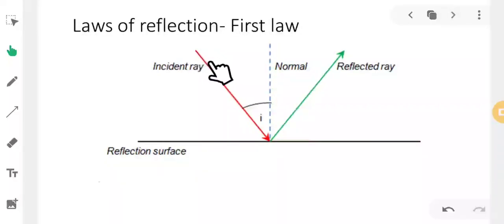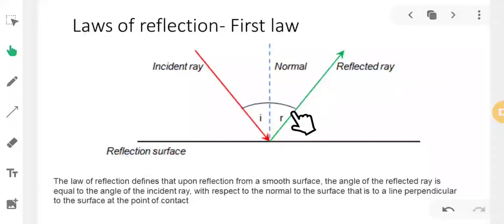Now when this incident ray falls on this smooth surface, this ray is reflected back, and this ray is known as your reflected ray. And the angle made by the reflected ray and the normal is known as your angle of reflection.